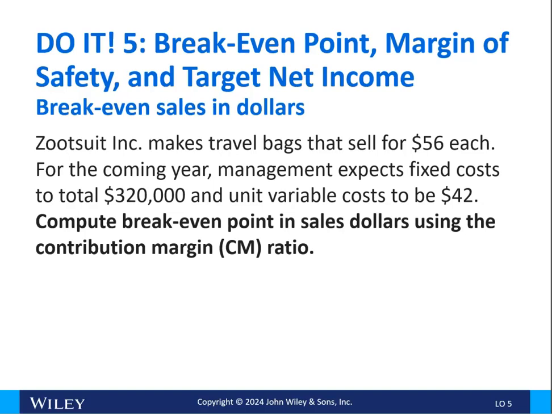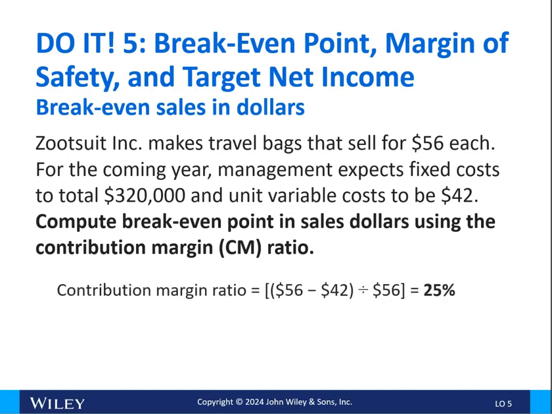So compute the break-even point in sales dollars using the contribution margin ratio. The contribution margin ratio again is our sales minus variable cost to get the contribution margin per unit divided by our sales per unit. So 56 minus 42 divided by 56, and we get 25% as the contribution margin ratio.